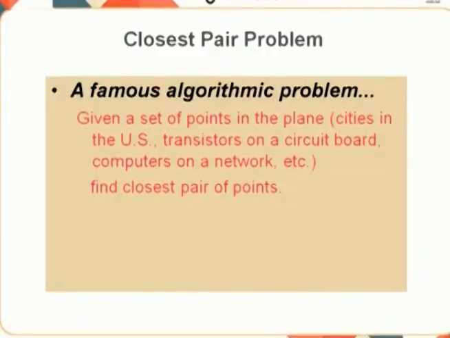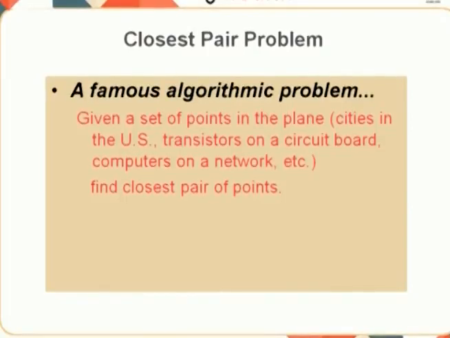The problem can be stated like this: given a set of points in a plane, the points can be cities, transistors on a circuit board, or computers on a network, etc. Given this set of points, we have to find the closest pair of points.